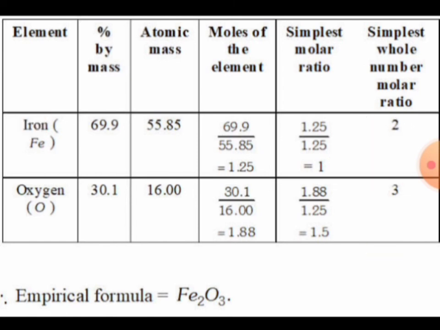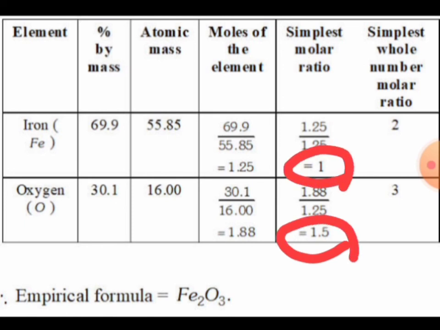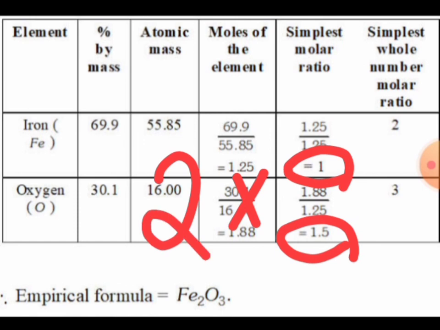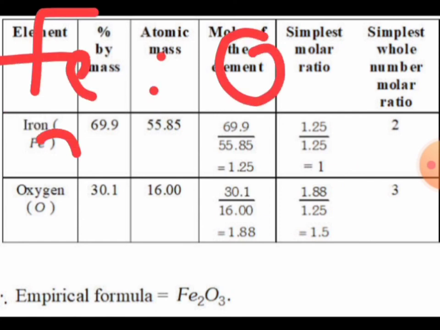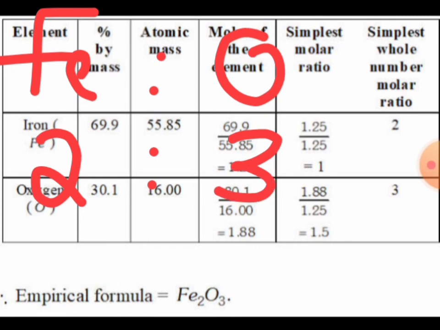So if you are getting molar ratio in fraction, all the molar ratios should be multiplied by 2. So in this case, the ratio of iron and oxygen is 2 is to 3, and the empirical formula is Fe2O3.